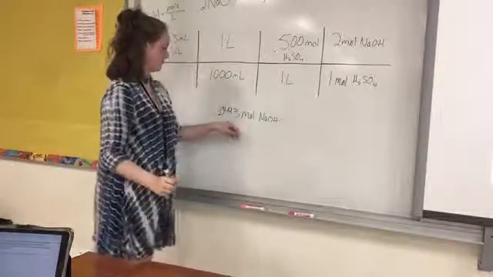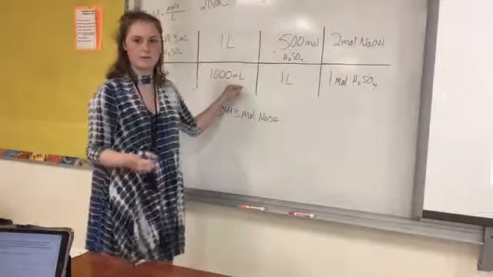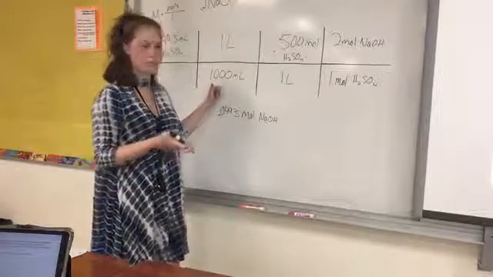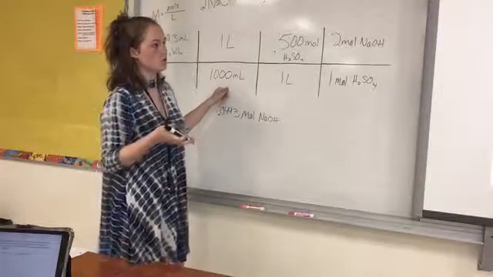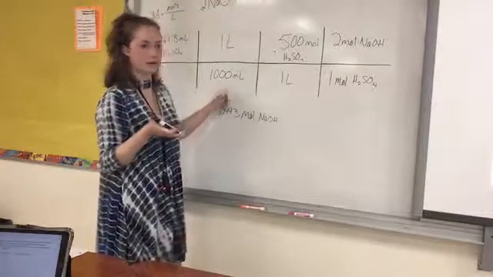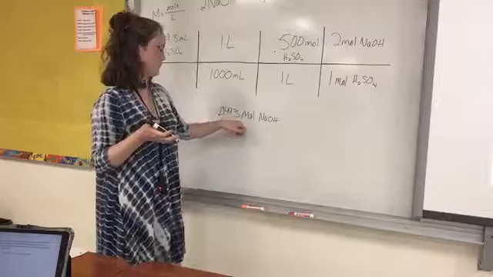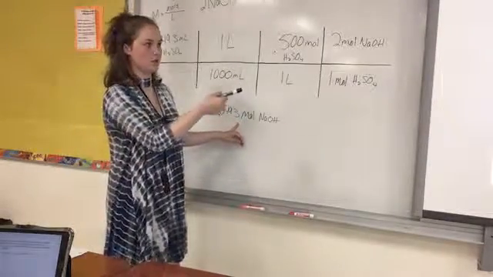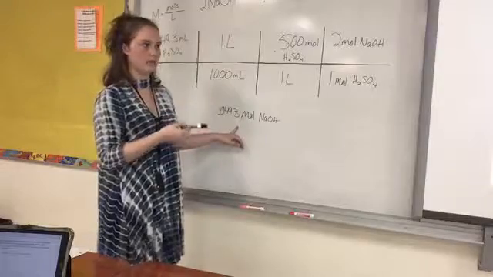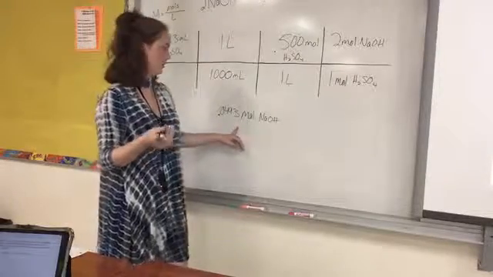Now that we have the answer to our fence, we have to go back to the problem and see what the answer actually is, to make sure we're answering the question. The question is asking for the molarity of the NaOH, and right now we only have moles. So the final step is to use the milliliter information we were given about the NaOH and turn that into a molarity.